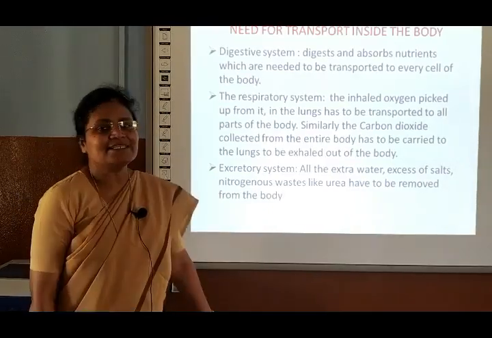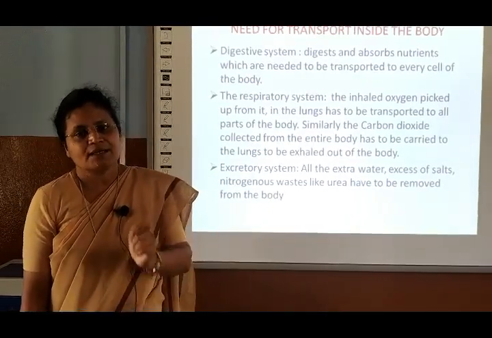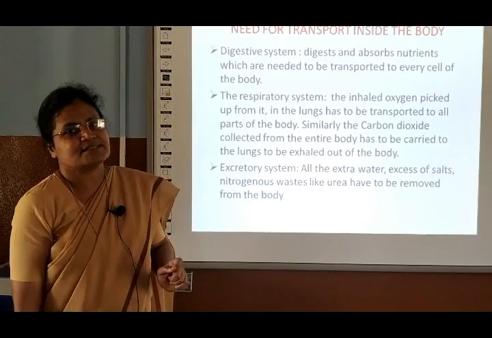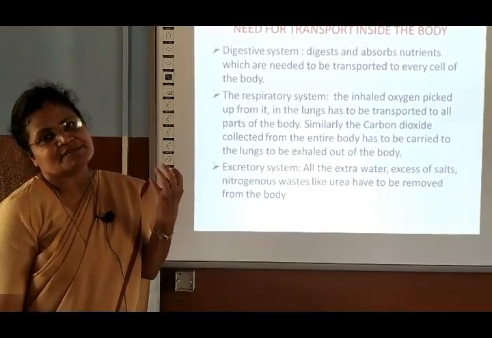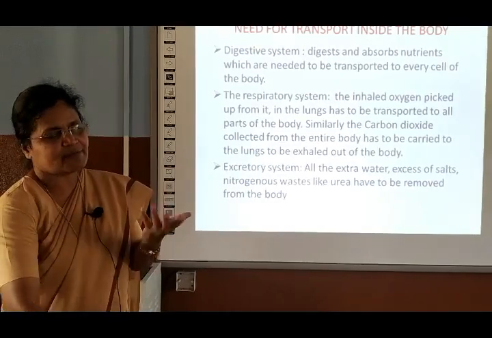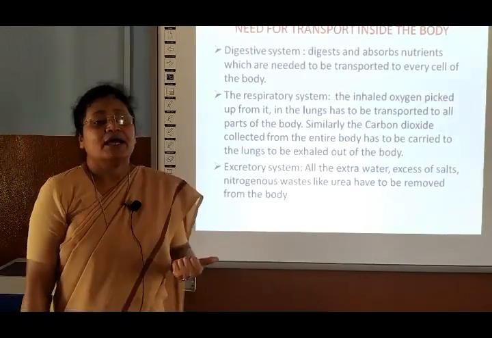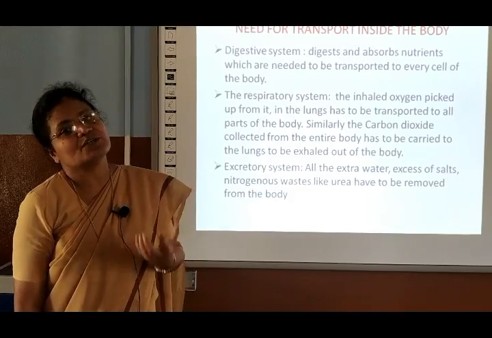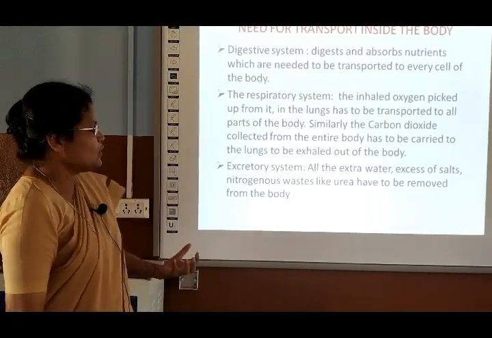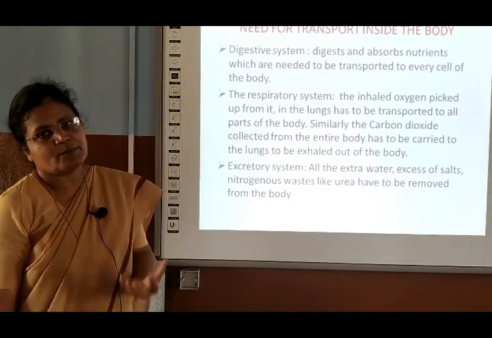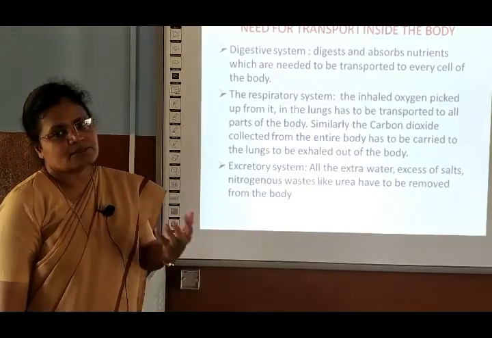Then you have the excretory system, wherein the waste substances, it may be carbon dioxide, which is a waste substance, the sweat is a waste substance, well, sweat takes place from the sweat gland. Then you have the kidney which removes urea, uric acid, excessive water, excessive glucose, etc. All of them are removed from the body through the blood.